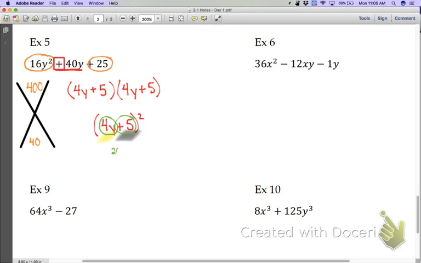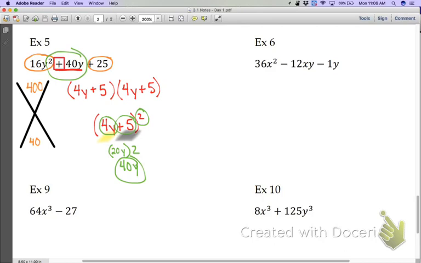Well, that is 20y. Take that and multiply it by 2 and we get 40y. We get that number that's in the middle. That's really how our shortcut works. If we multiply those two numbers, the 4y and the 5, together, and then double it, we can shortcut this a lot easier.